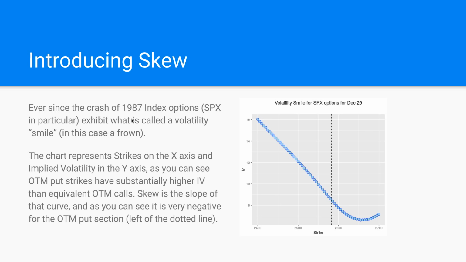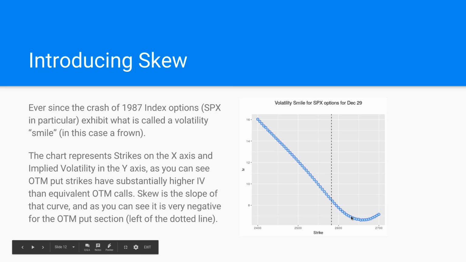So once the new methodology of pricing options took hold, you can see this. Puts, which are to the left of this dotted line, are substantially more expensive than calls. Calls are to the right of the dotted line, and it is what it is. It's the law of the universe in SPX.